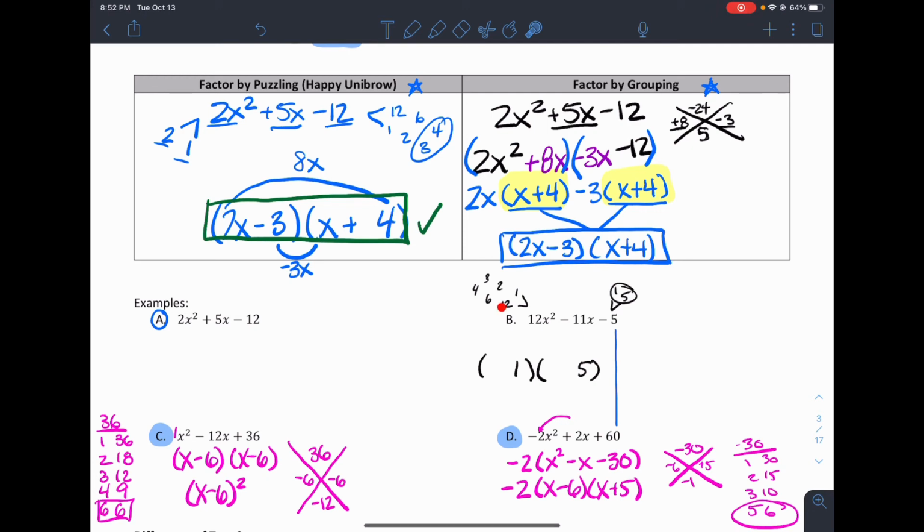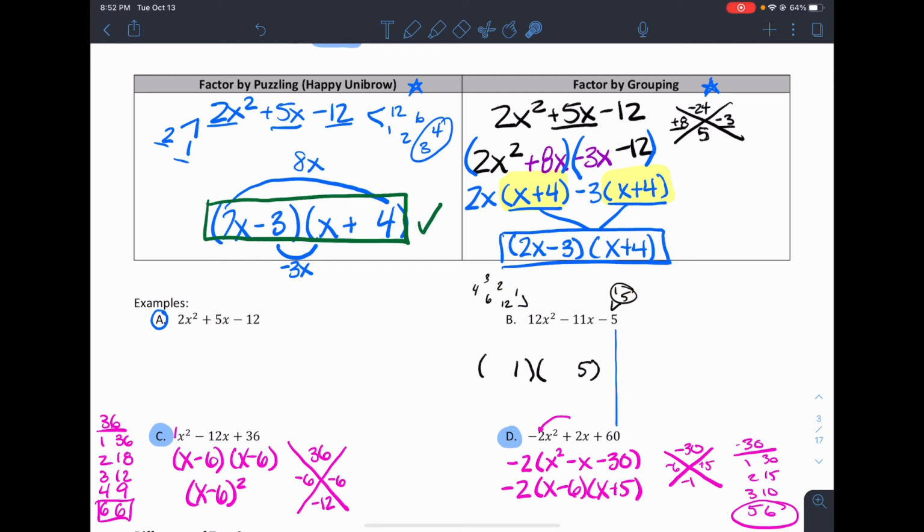So I need to mix and match. I could do 12 times 5, and that's 60, and 1, that's going to be 2. That's way too big. 12 times 1 is 12, 1 times 5, that'll make 7 or 17, not negative 11. Okay, 6 times 5 is 30, and 2, that won't get me there.